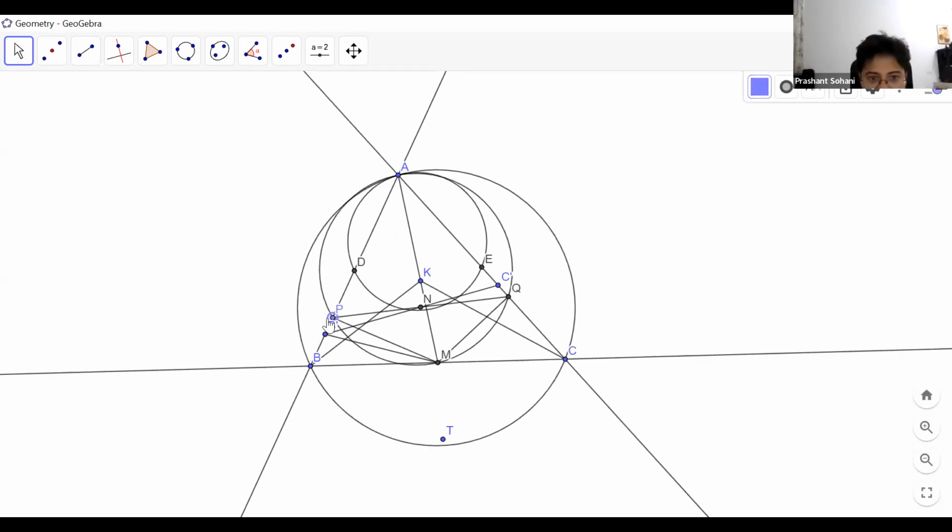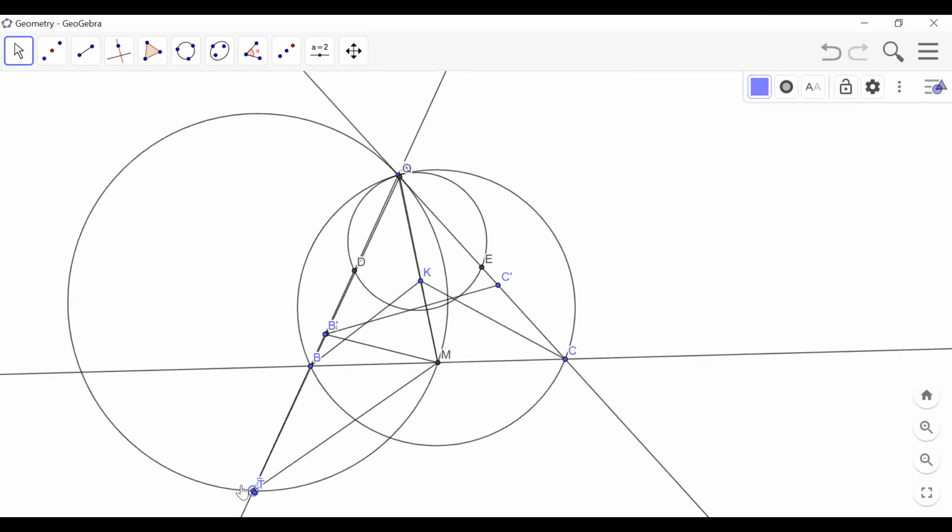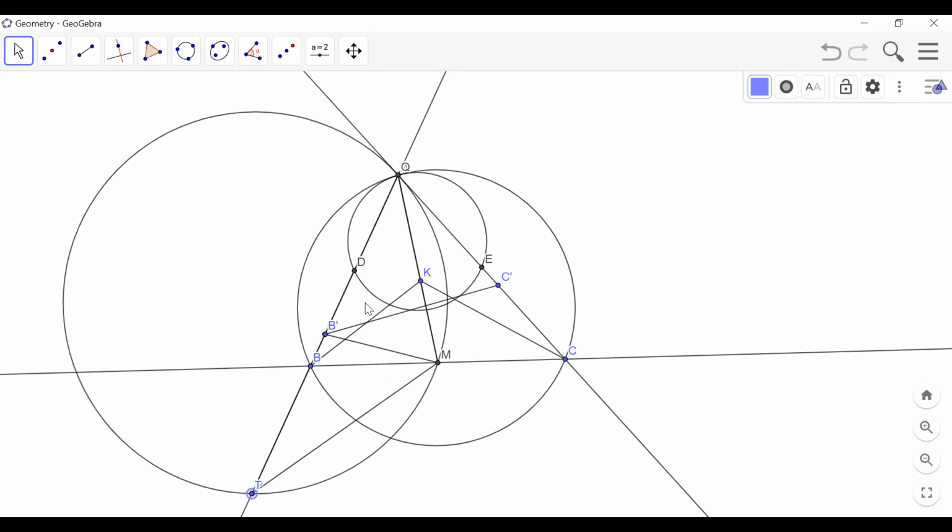If you take extremities, what you get is a point B dash on AB such that this triangle is similar to this triangle, because those two triangles are similar. So this angle MB dash A equals angle AMB, and similarly you also construct C dash.